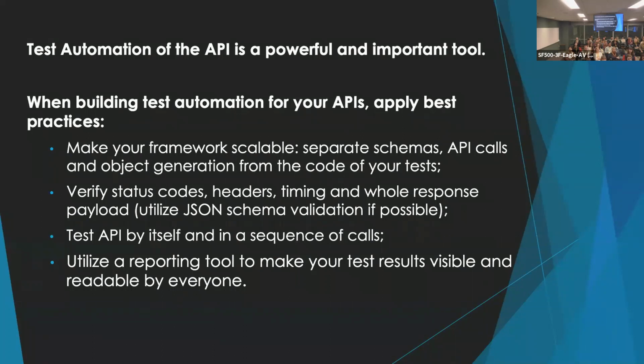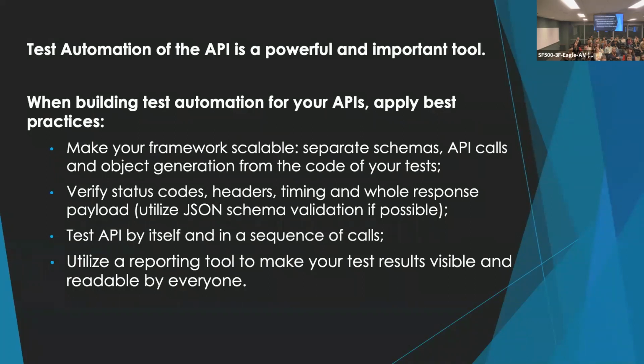So when building test automation for your APIs, don't forget, this is still engineering, so apply the best practices. Make your framework scalable, separate your schemas, your API calls, your object generations from the code itself. Then also verify all the things.